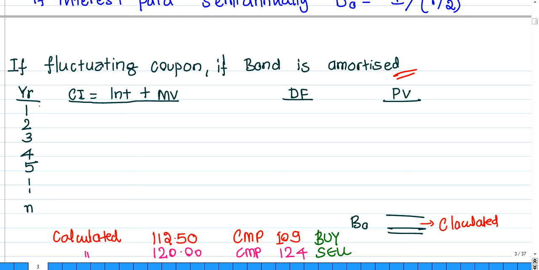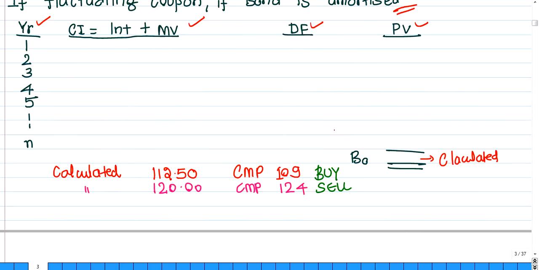You have to write down like this: year 1, 2, 3, 4, 5 till the number of periods, then cash inflow, which is interest plus maturity value, discounting factor, present value. If you do that, you will get the value of the bond.